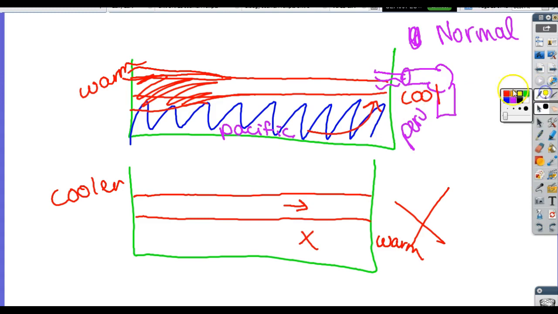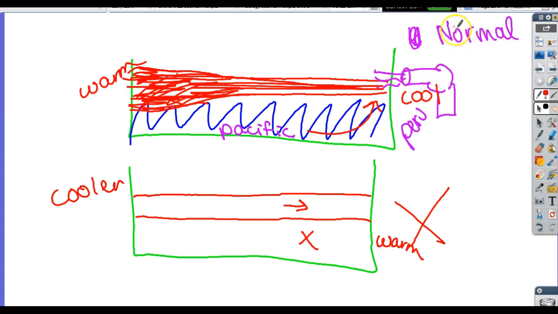Okay? So one way that somebody explained it to me, this is my awesome drawing. There's a demo you can do that I was like, oh, we should really do this. And then I was like, no, this will be way too much effort. So what they do is they take oil and they put it on the top, and this represents the warm water here, okay? And they color it red with oil-based paint. And then they have a hair dryer, okay? So this is normal conditions.